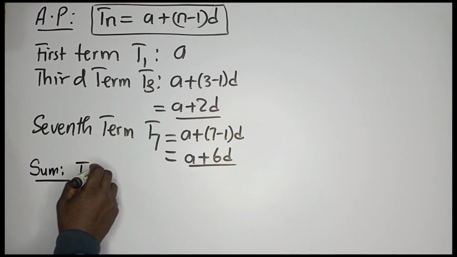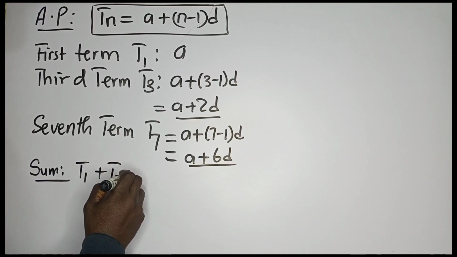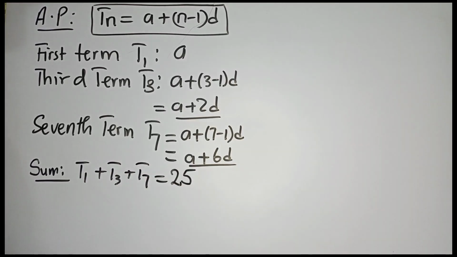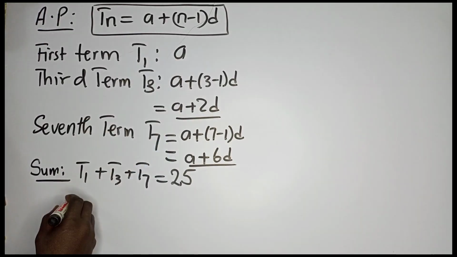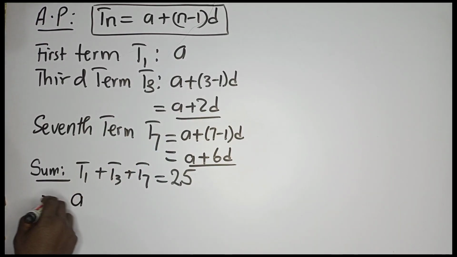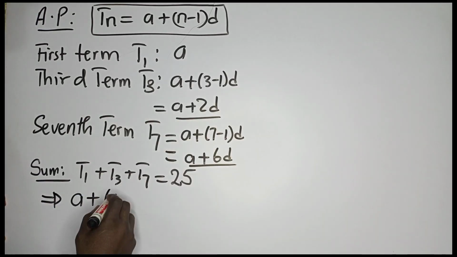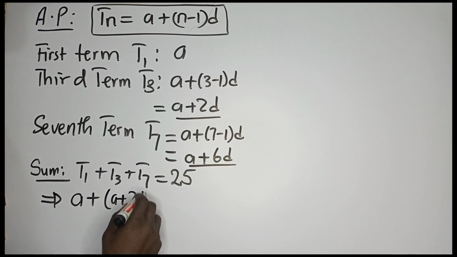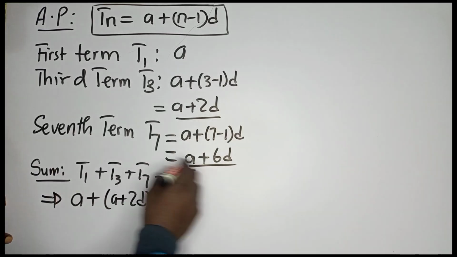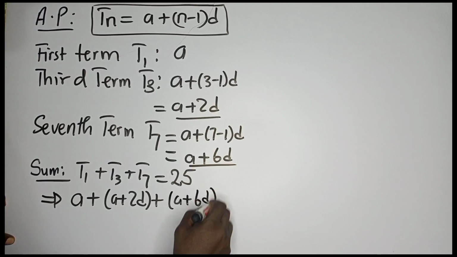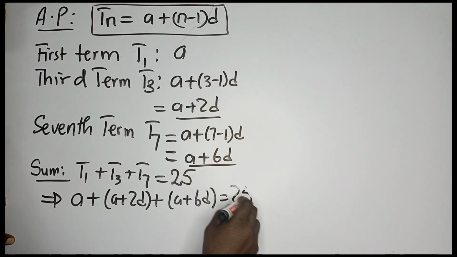Their sum, T1 plus T3 plus T7, is 25. Now, what is T1? T1 is A. So we have A plus T3, and T3 is A plus 2D, plus T7, which is A plus 6D. We are told that that gives us 25.